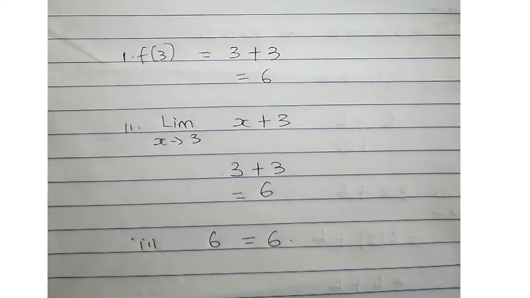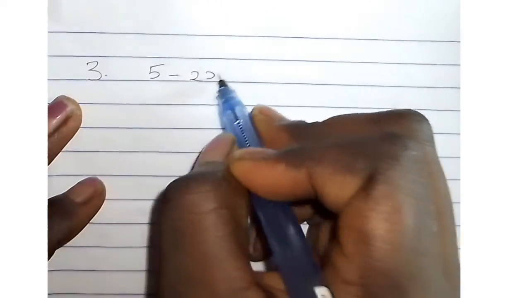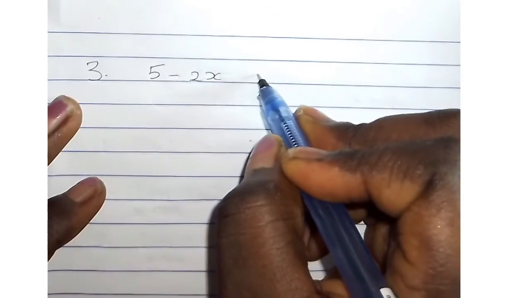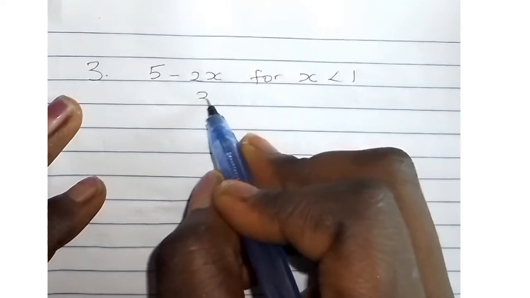So we're going to take the last example. Given a function, we have two functions in this question. For x less than 1, we have 5 minus 2x.